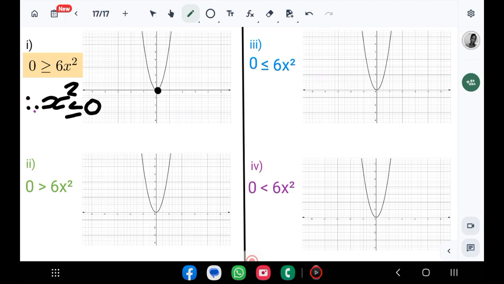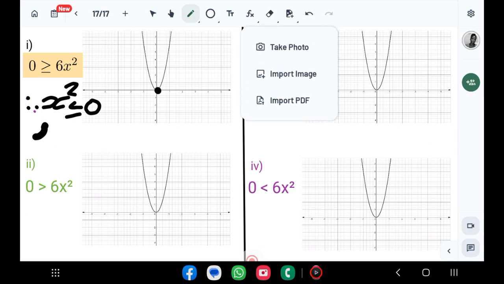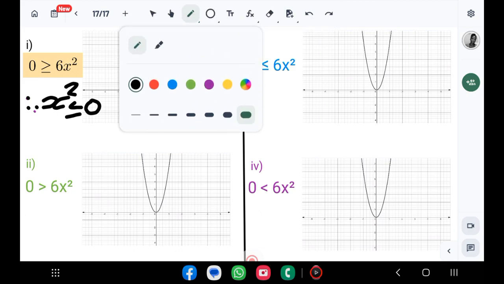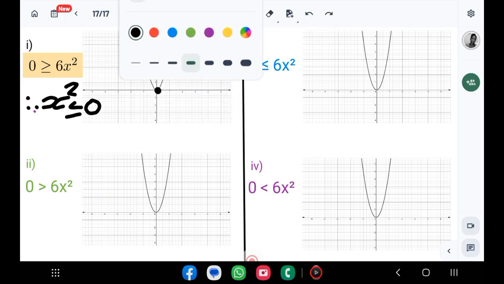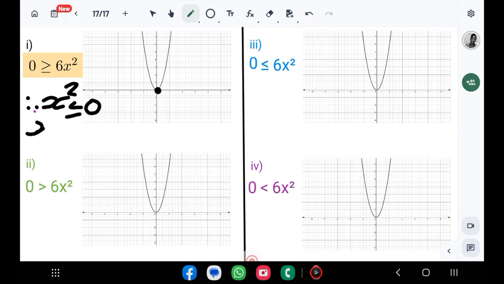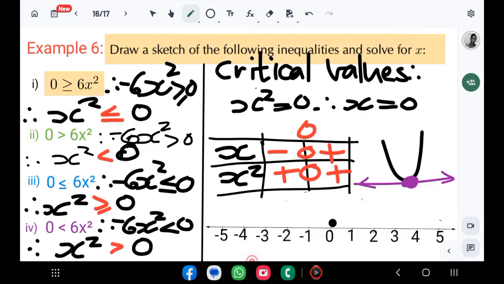So the only point that is applicable is right there when x equals 0. And that is the solution, at x equals 0. So we write that, x equals 0, and that is the solution we write over here as well. So your x equals 0 here.